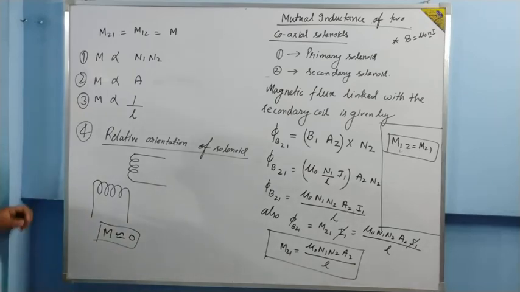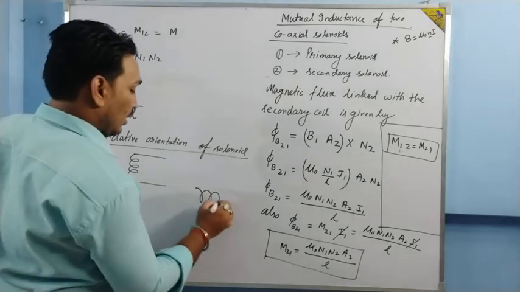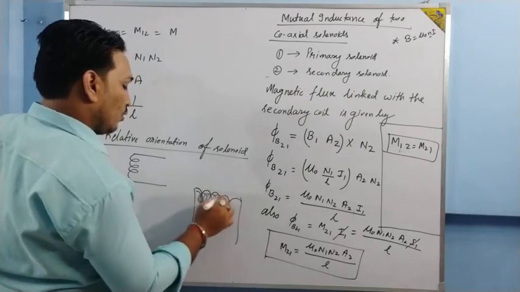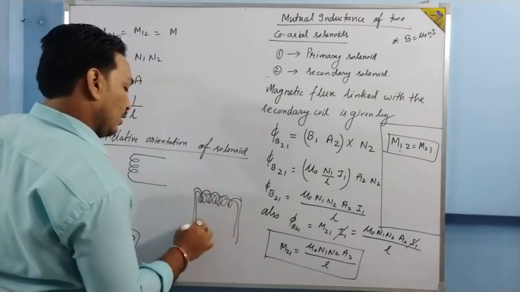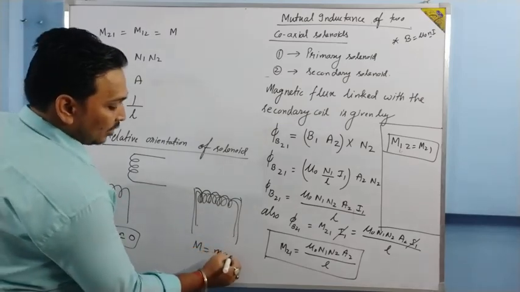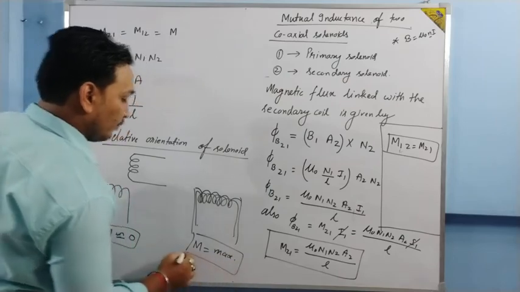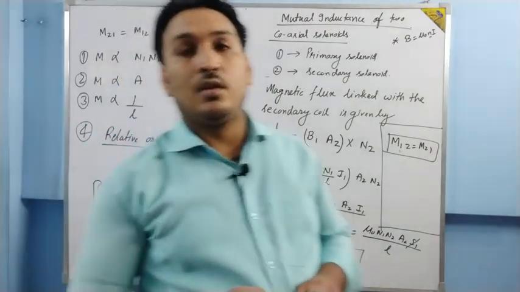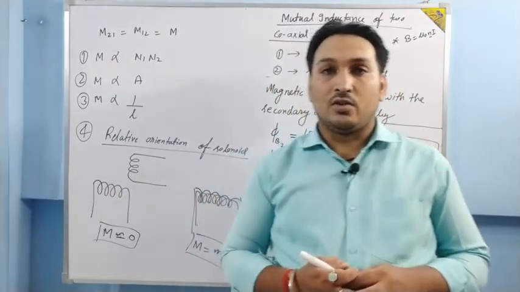But if the coils are wound over each other, this is the first coil and the second coil is also wound over here only, then in this case M comes out to be maximum. So this is what mutual inductance is all about.